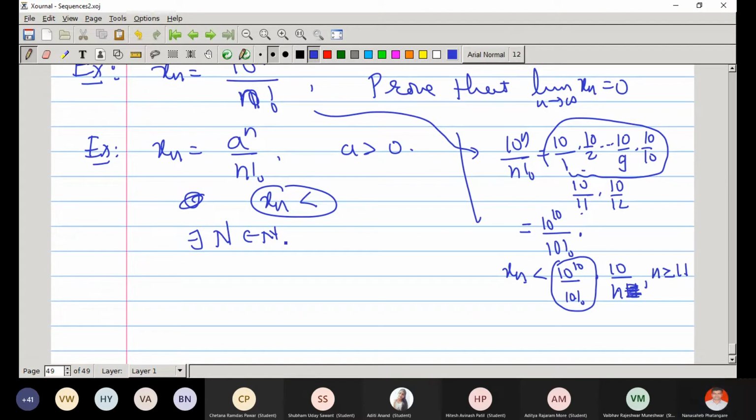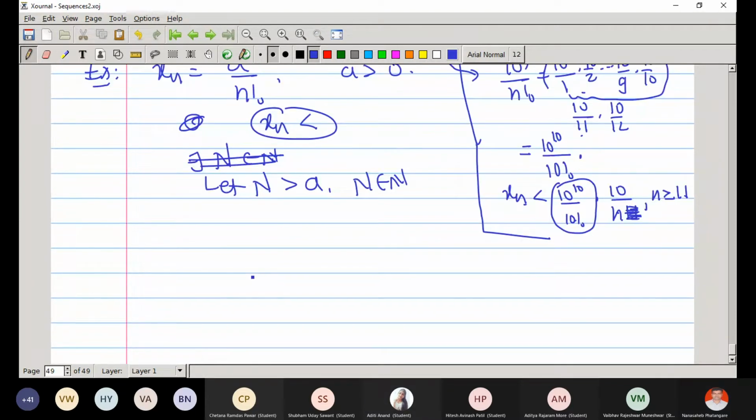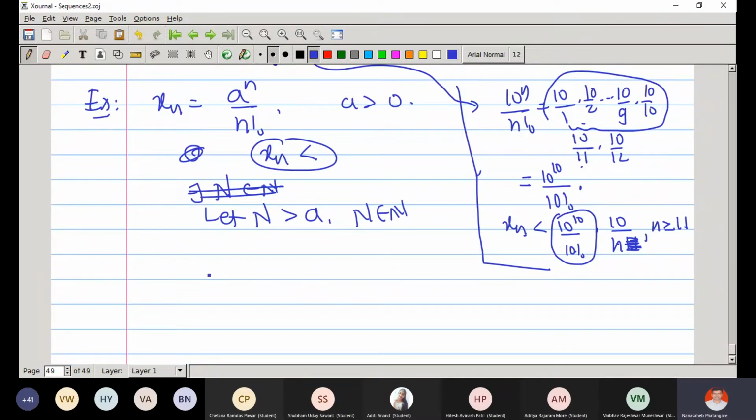Choose a natural number n greater than a. Correct? Does there exist a natural number greater than a? Yes, sir. So choose any one of them, no problem.